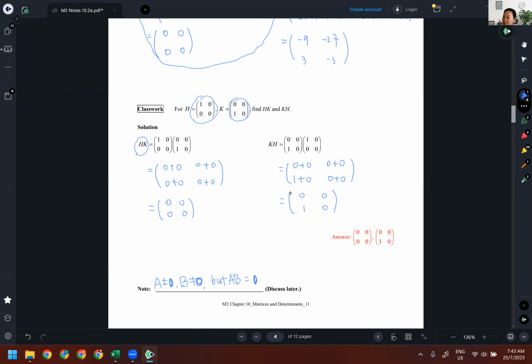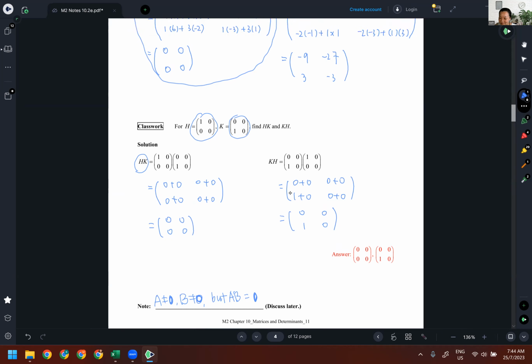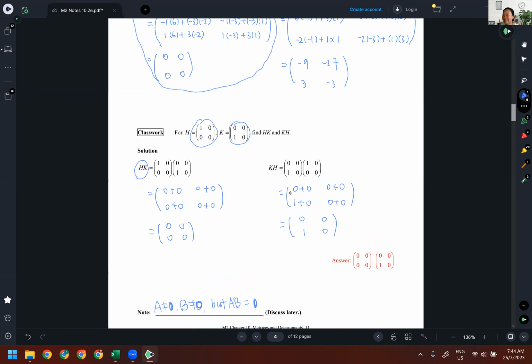If you swap them, it's not 0 again, because H times K is not equal to K times H. So one of them is 0 and the other one is not. Isn't it weird? That's why you need to learn a whole new set of skills in order to manage the algebra of matrices.